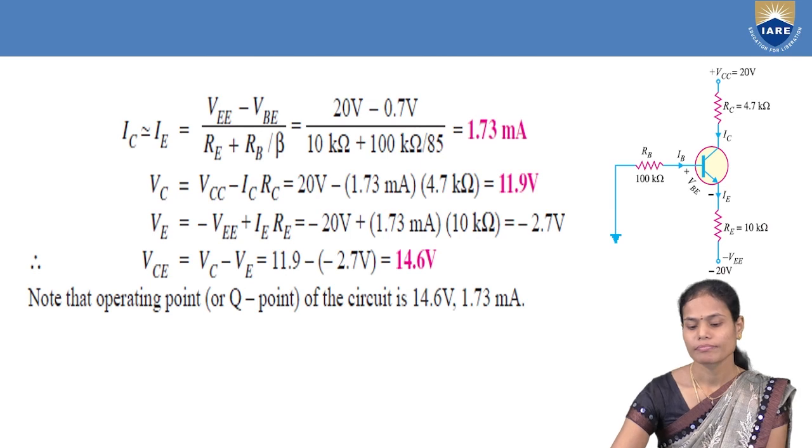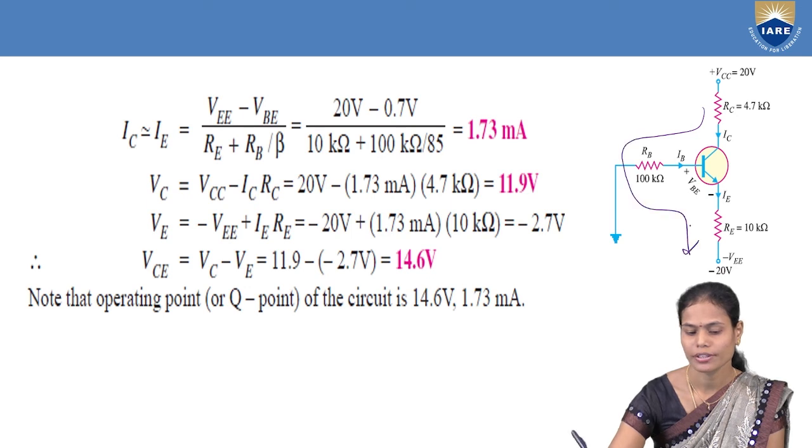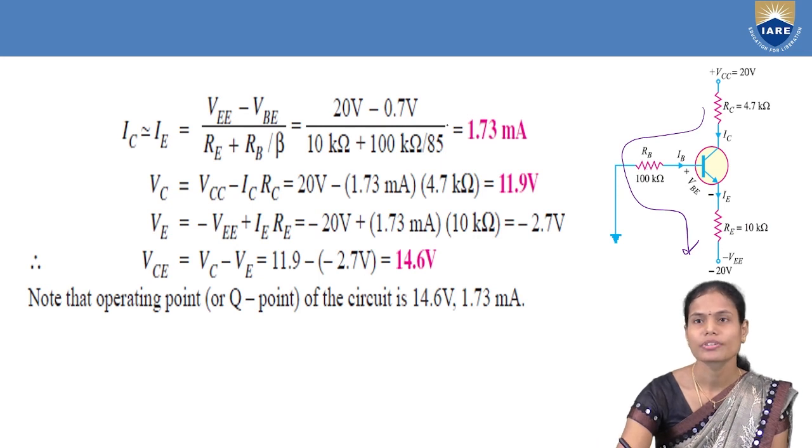To find the IC value, apply KVL here, so that we will get IC equal to VEE minus VBE divided by RE plus RB by beta. After substituting all these values, we will get it as 1.73 milliamperes.